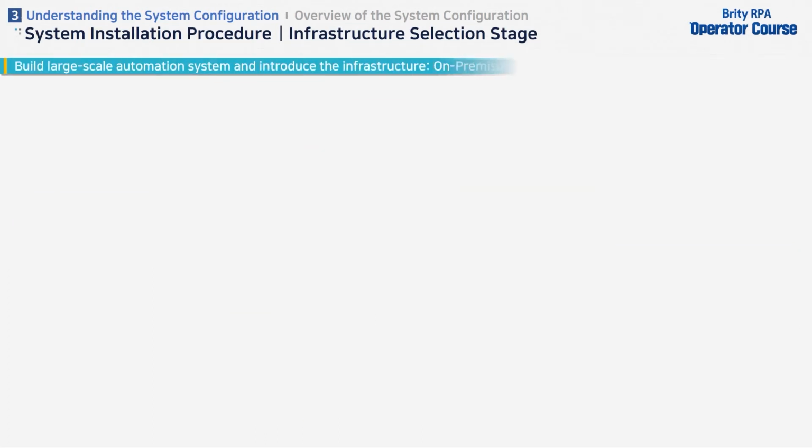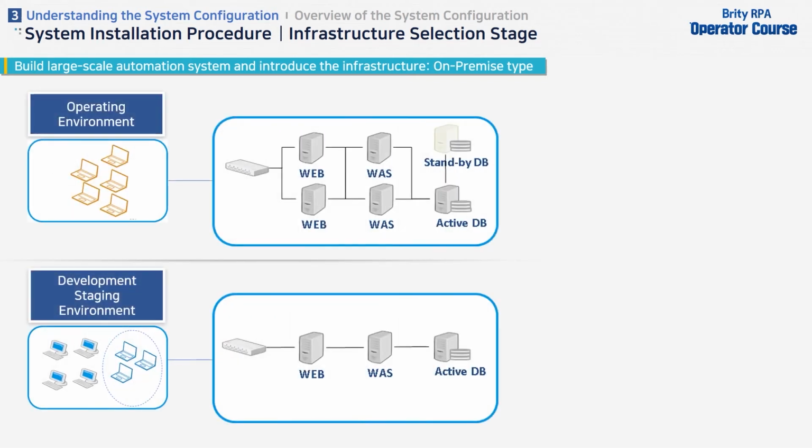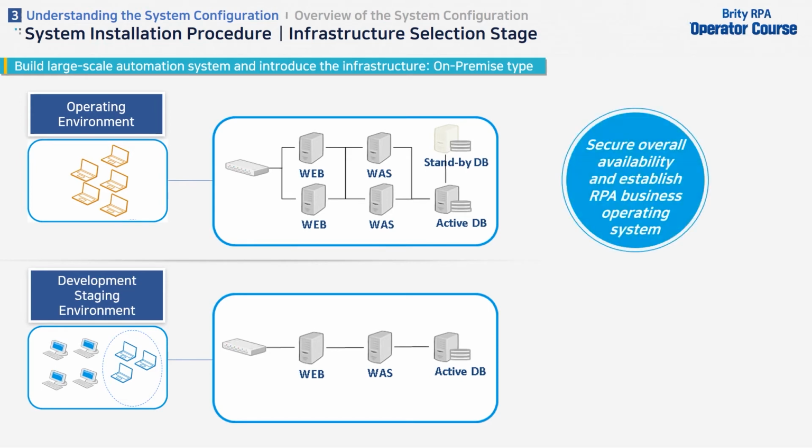Once the effectiveness of the introduction is verified through the pilot introduction project, establish a large-scale automation system and introduce the infrastructure. In this case, separate the development and operation environment with its own infrastructure to efficiently manage, ensure availability of all resources, and establish the RPA business operating system.